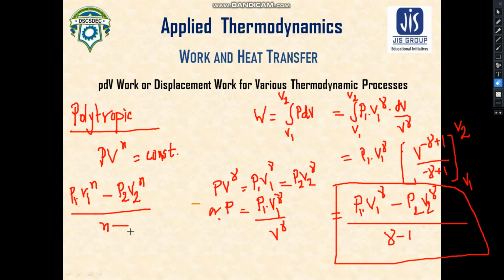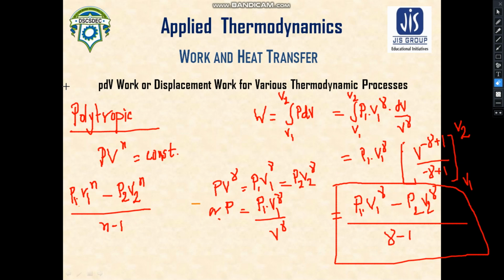I hope you will be able to calculate this, because it is actually the same as the adiabatic process. There is no difference, only gamma is replaced by n. I think I am done with this part, because I have shown you the calculations for all of the general and most common thermodynamic processes.